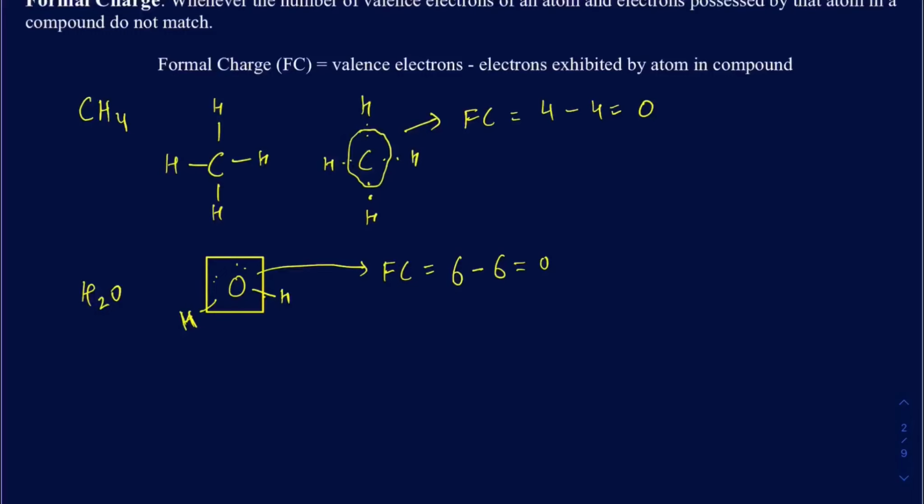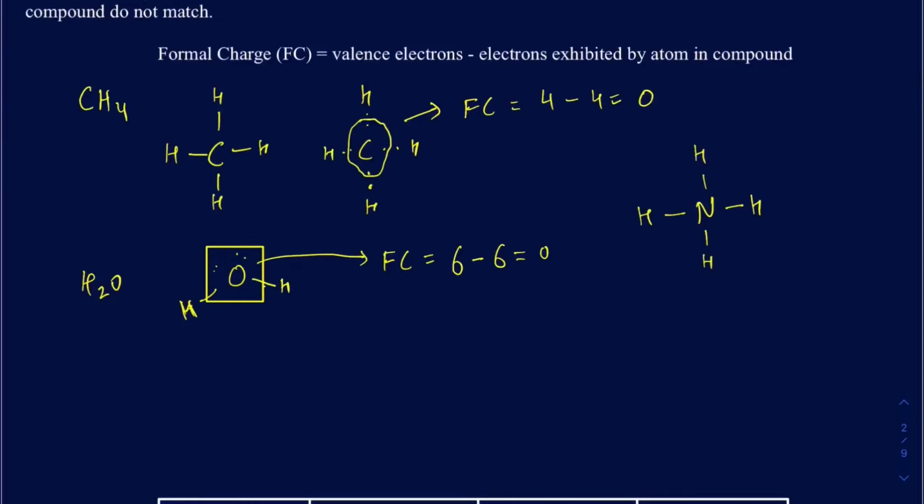What about something like this? We've got nitrogen surrounded by 4 hydrogen atoms. If I want to calculate the formal charge on this nitrogen, I know the number of valence electrons is 5 for nitrogen.